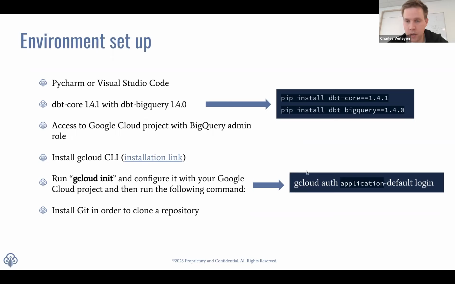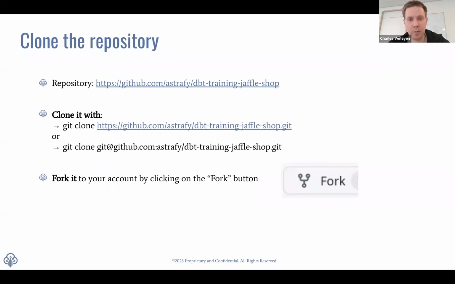So you do a gcloud init, and that will save your credentials into a gcloud folder. And then you need Git in order to be able to clone the repository. I've put it in the chat, so you can fork it in case you want to make pushes and do other things to this repo. Otherwise, if you just want to use it for this demo, you can just clone it.